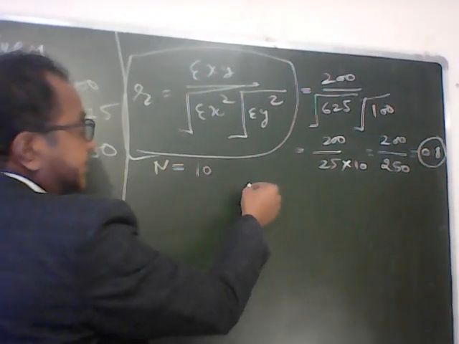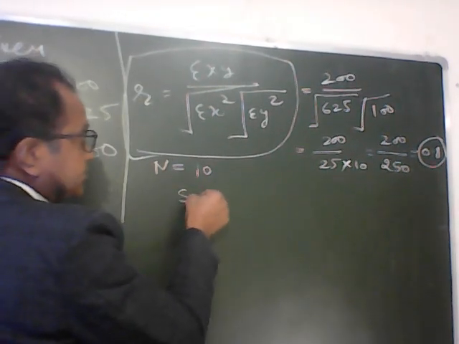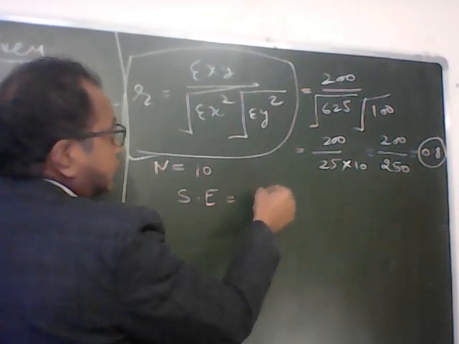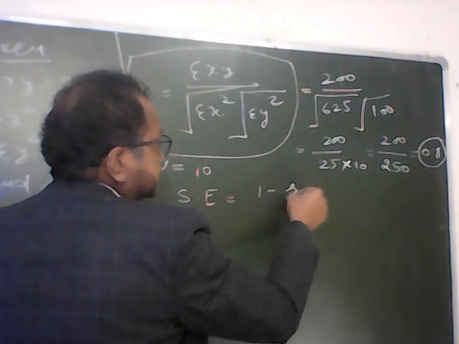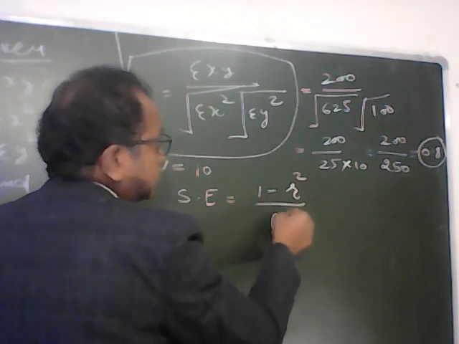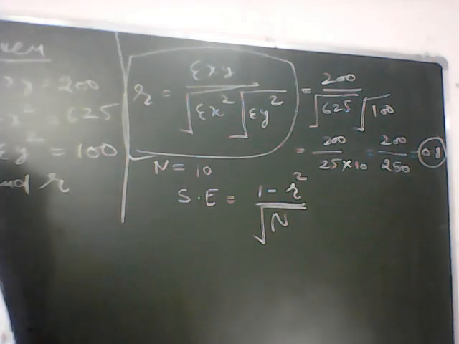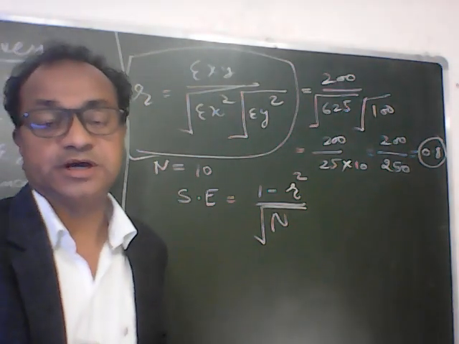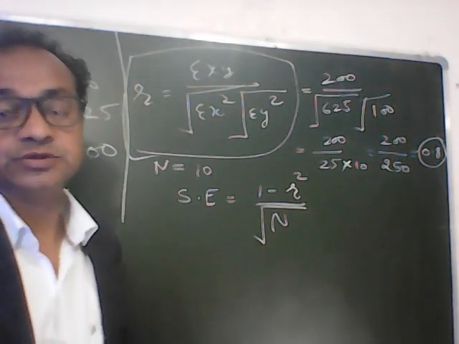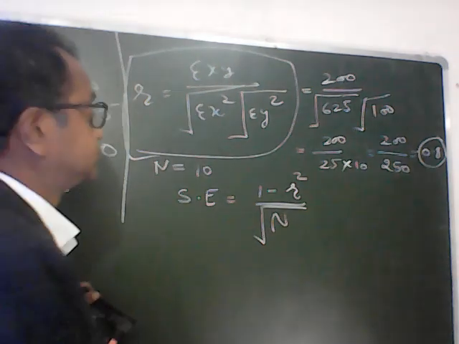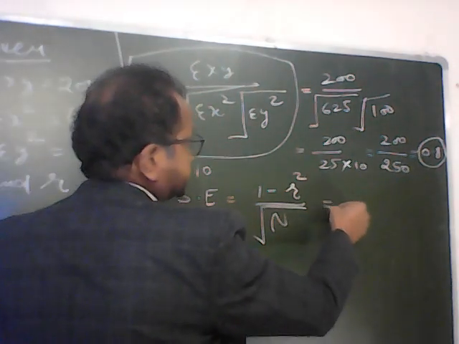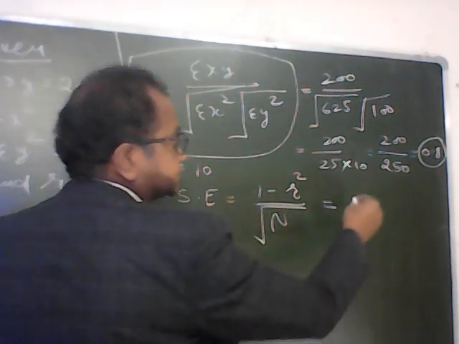So for standard error it will be the square root of 1 minus r square divided by n.